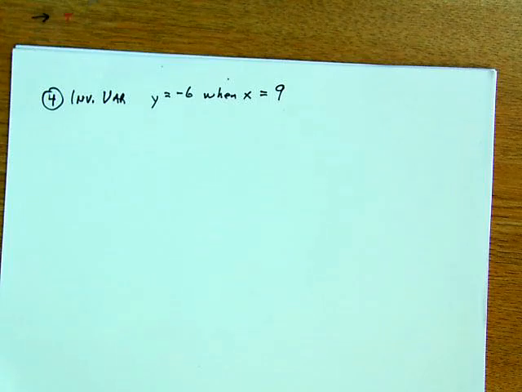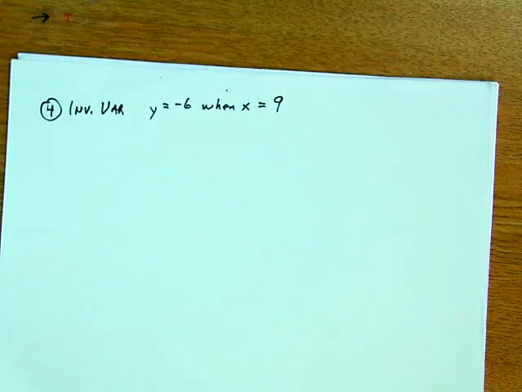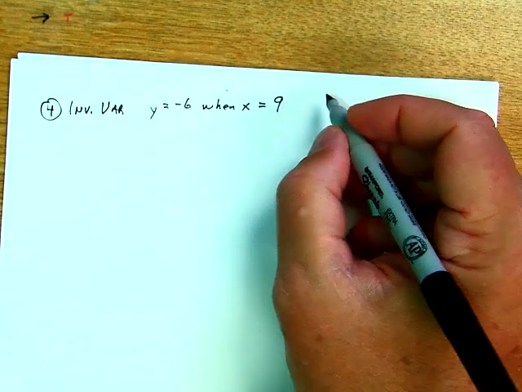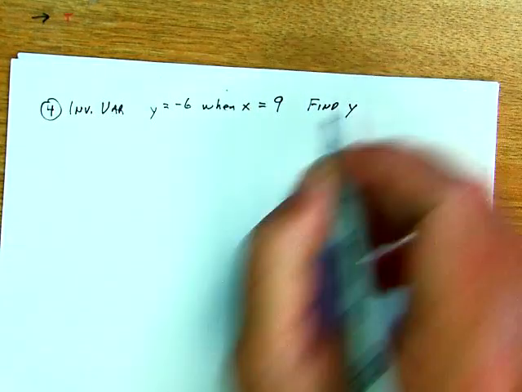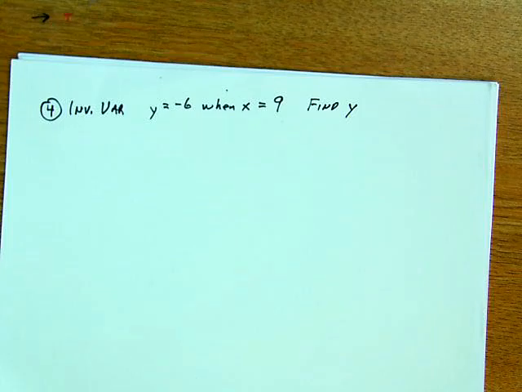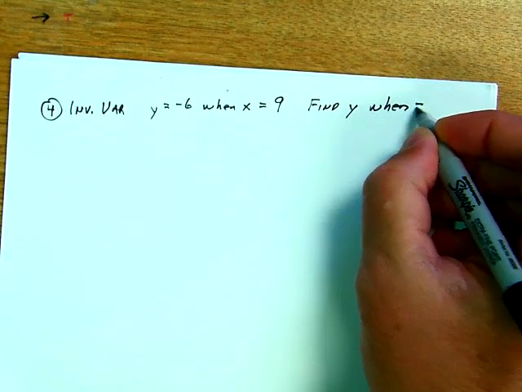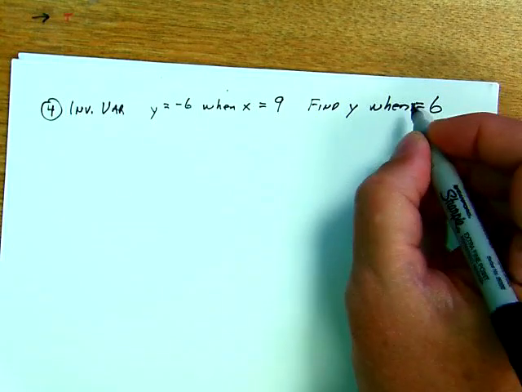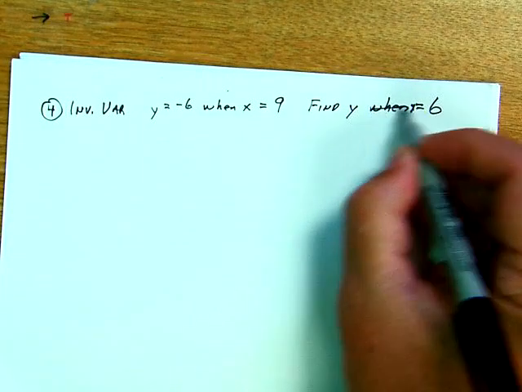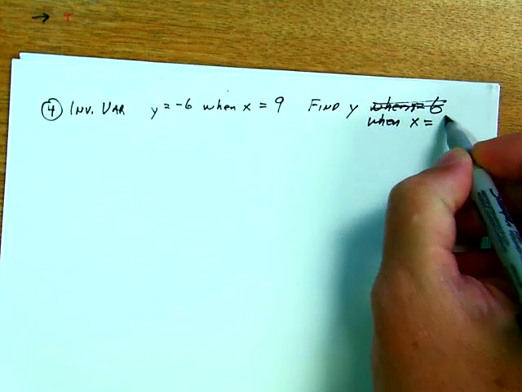All right, so that tells us how the inverse variation works. Now it says find y. This time we're finding y. Last time we found x. But we need to know what is y's value when x is equal to 6. That's poorly written. Let's rewrite that. When x is equal to 6.